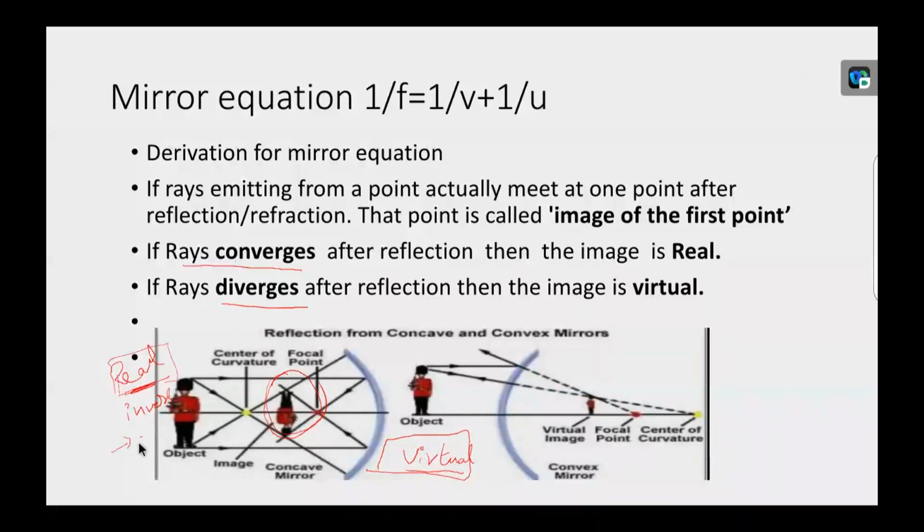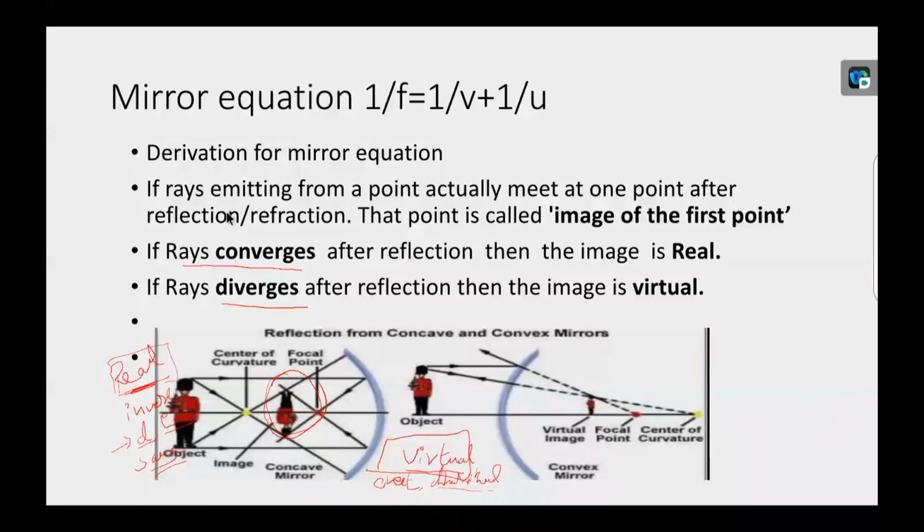Size of the image is either diminished, enlarged or same size. It depends upon the position of the object. But in convex mirror, always we will get virtual, erect and diminished image.